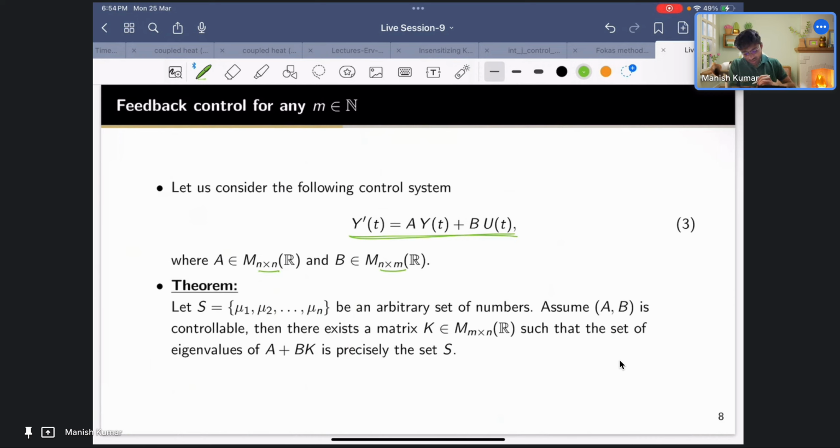Then also the theorem is true. If you have any set of eigenvalues S, and the condition is that AB should be controllable, then there exists a matrix K, m cross n, such that the eigenvalues of A plus BK are the set S.